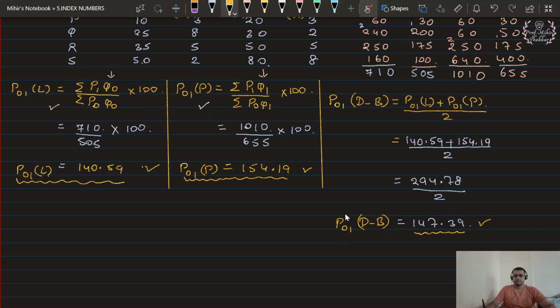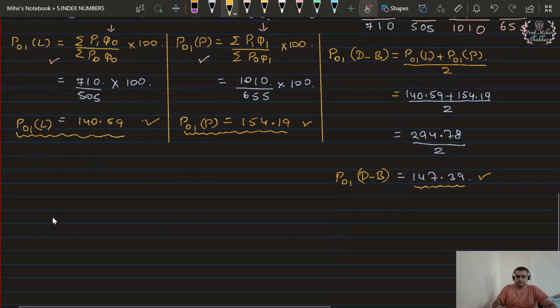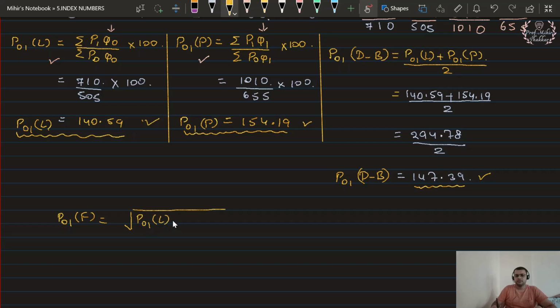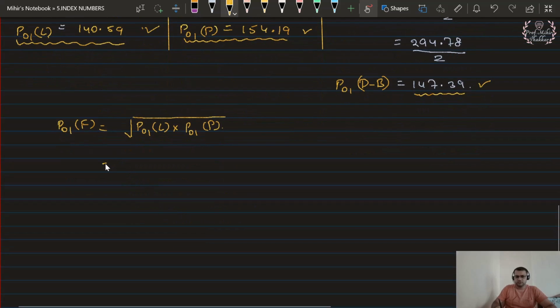And finally, when I want to find out the Fisher's index number, this will be equal to under root of P01L multiplied by P01P, which is equal to 140.59, and multiply that with 154.19.